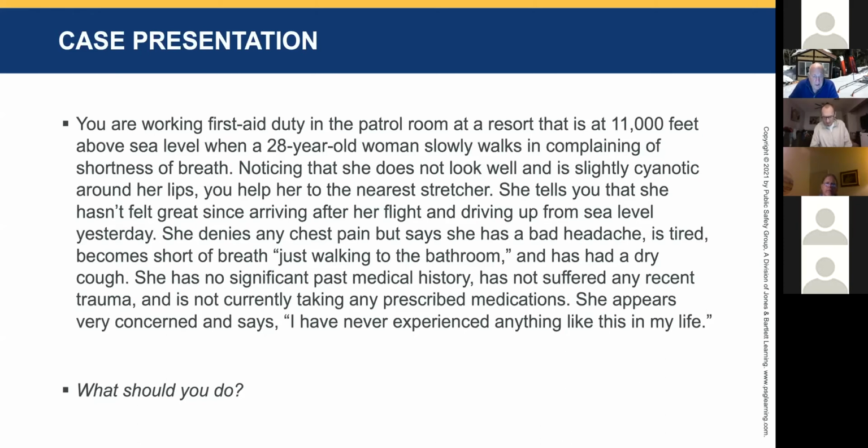She denies any chest pain, says she's got a bad headache. She's tired, becomes short of breath just walking to the bathroom, and has a dry cough. She has no significant past medical history, has not suffered any recent trauma, and is not currently taking any prescribed medications. She appears very concerned, says, "I've never experienced anything like this in my life." What should you do?